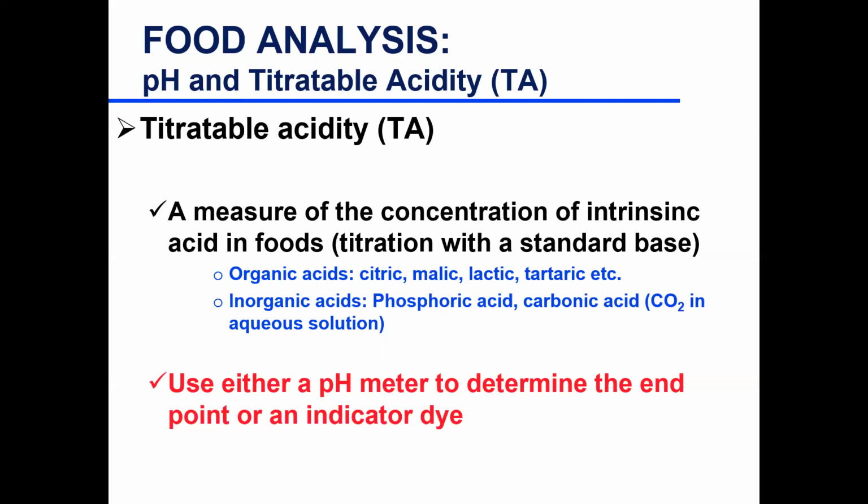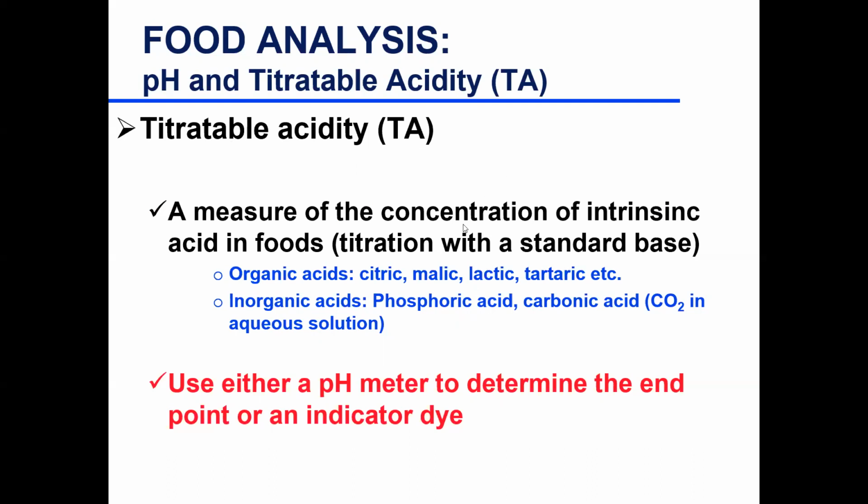To determine titratable acidity, we use either an indicator or a pH meter. An indicator is basically a dye that changes color based on the pH. Because it's a titration, you have acid and you titrate with base.